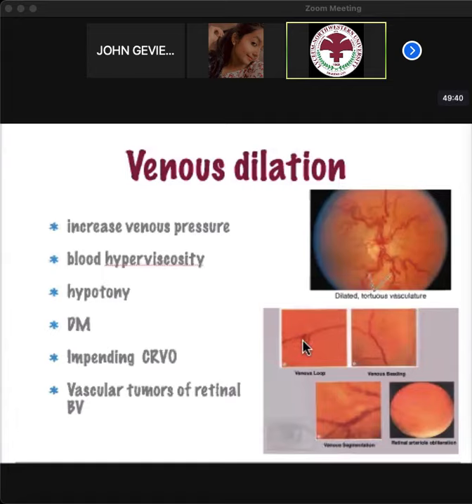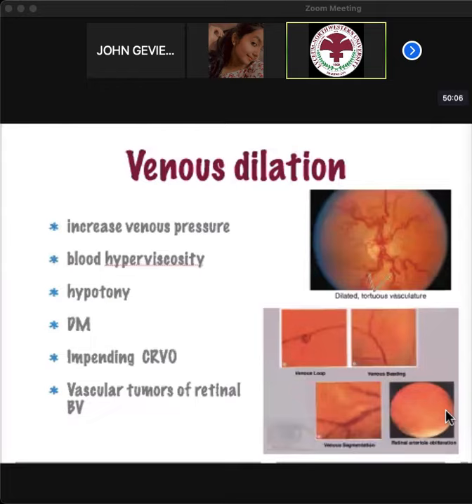This is venous beading or venous loop. You see the omega sign. Venous beading is sausage-shaped, with sort of segmentation on the vein. This one is very typical to be seen in diabetic retinopathy.